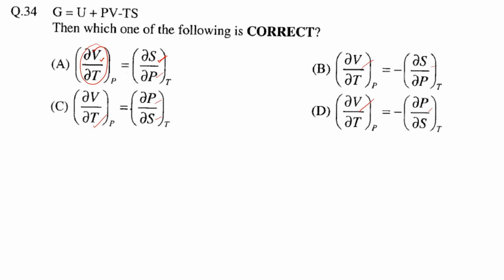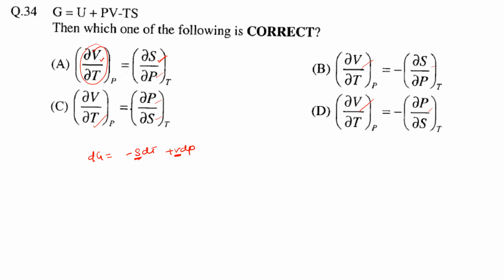So in which Maxwell equation are volume and entropy both present in an absolute form, not in a differential form? This is present in one equation, that is dG is equal to minus S dT plus V dP. See, V is present in a single form without any differential, and entropy is also present in single form, right?